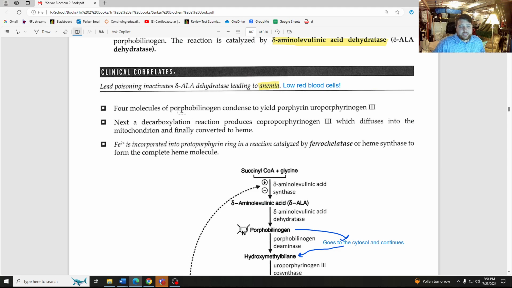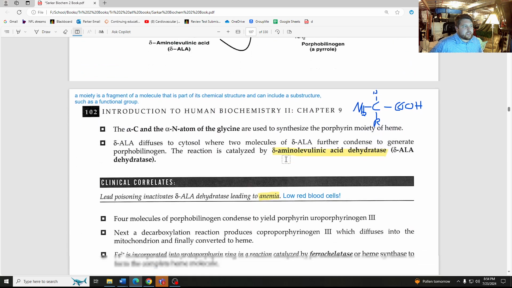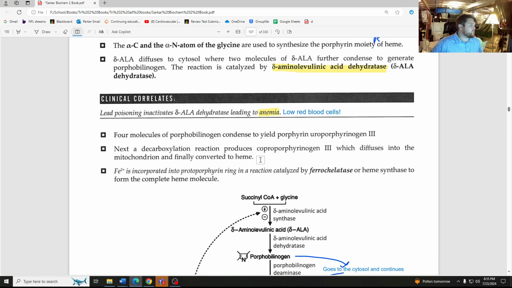Because if we're not producing heme, which is one of the main base components in order to produce red blood cells, then if we don't have the heme, we can't make new red blood cells. Another note, red blood cells will be called erythrocytes. So remember that. Erythrocytes, if you see that, that just means red blood cell.